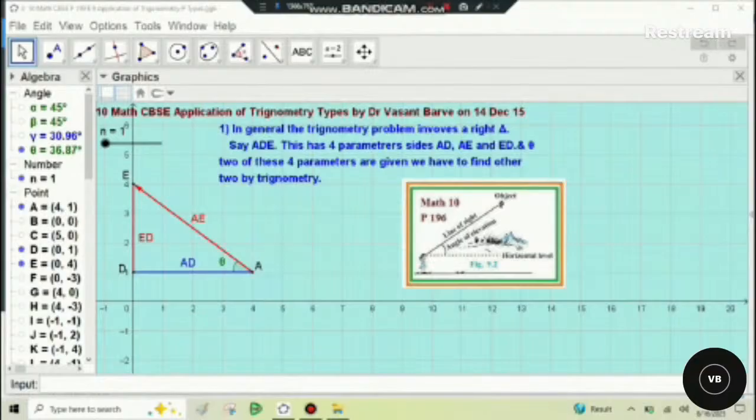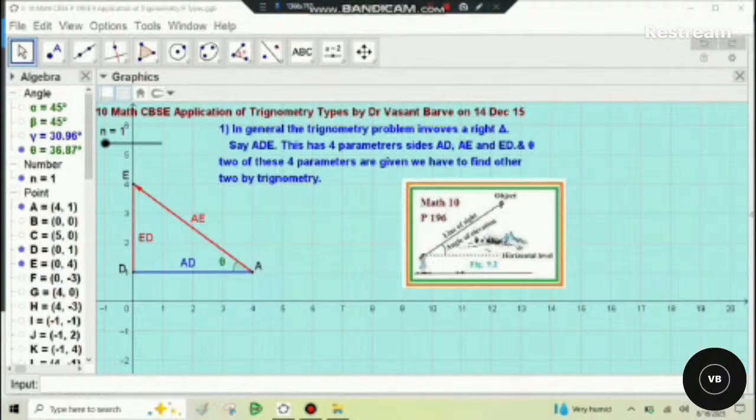So if you know these three relationships, it's possible for you to tackle any given problem in trigonometry. Now, here, two of the parameters will be given to you and the other two parameters you can easily find out.